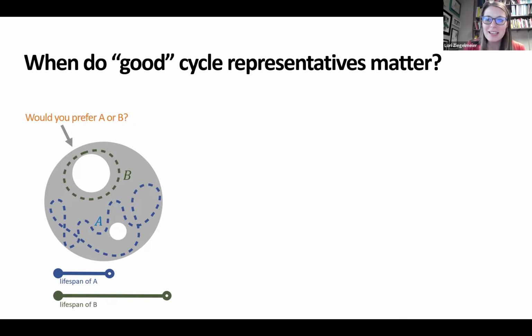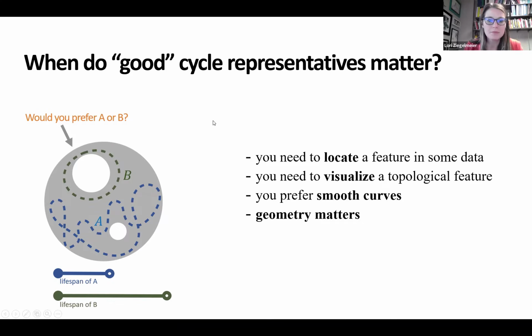So the idea is if you want some notion of a good cycle representative, it might depend on your application. So for instance, maybe you want to locate a feature in some data. And what this means is maybe coming up with a nice concise geometric measure to represent that cycle representative.